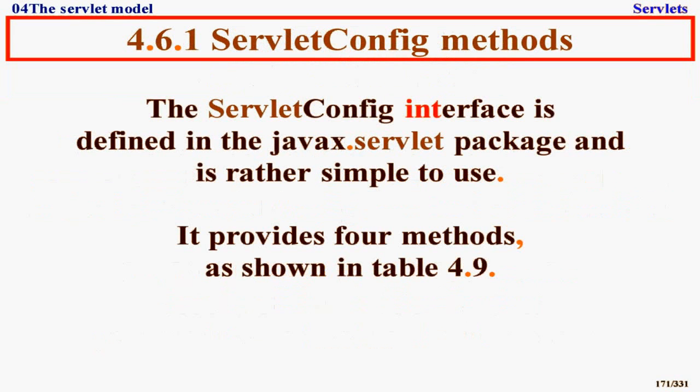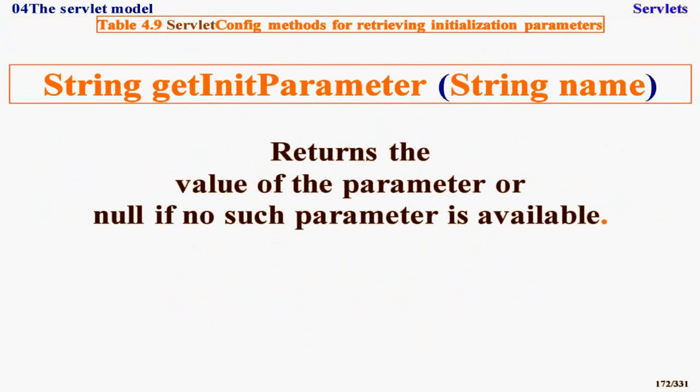4.6.1 ServletConfig methods. The ServletConfig interface is defined in the javax.servlet package and is rather simple to use. It provides 4 methods, as shown in Table 4.9, ServletConfig methods for retrieving initialization parameters.